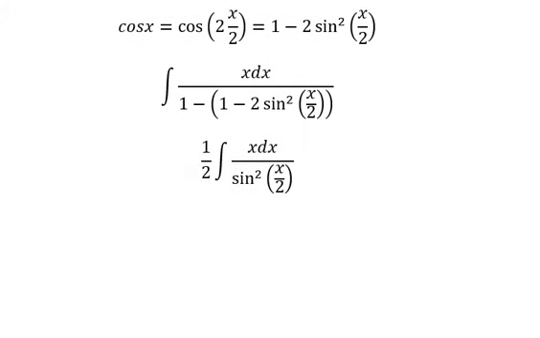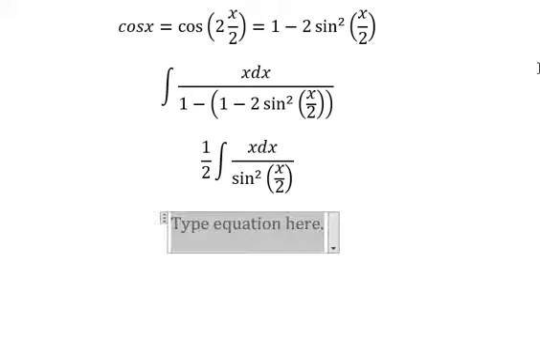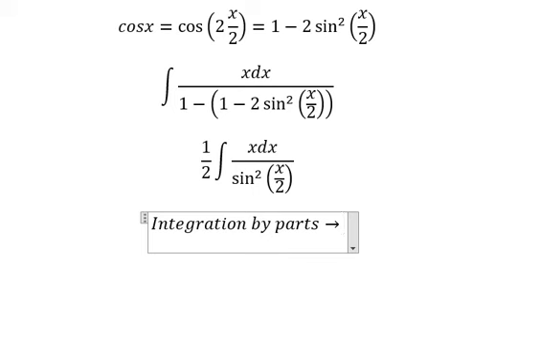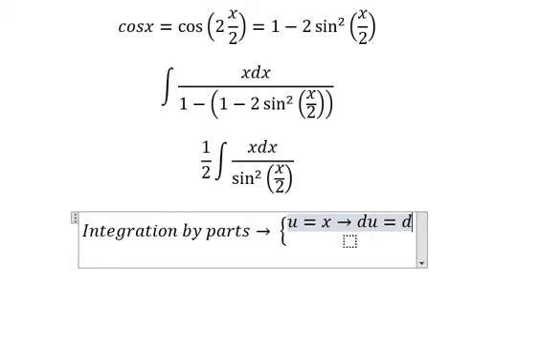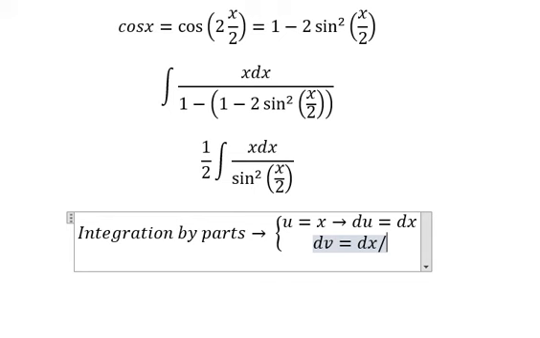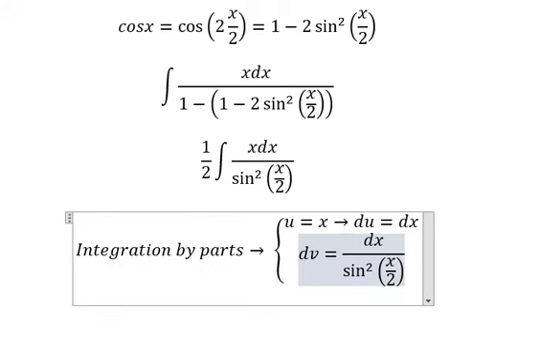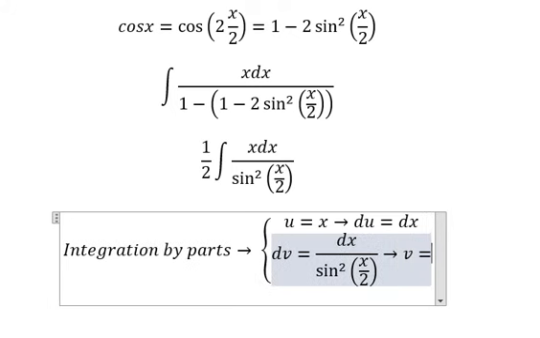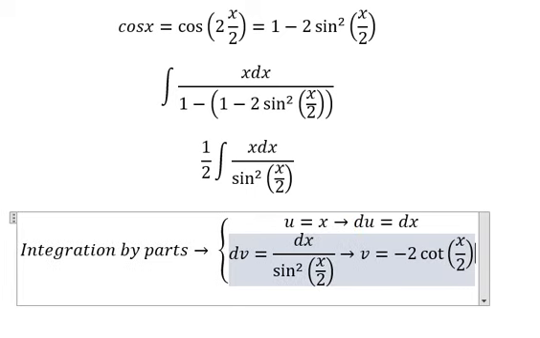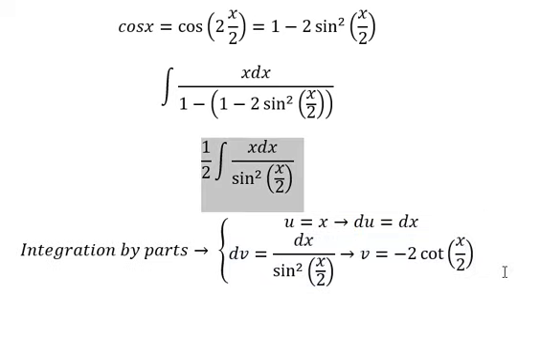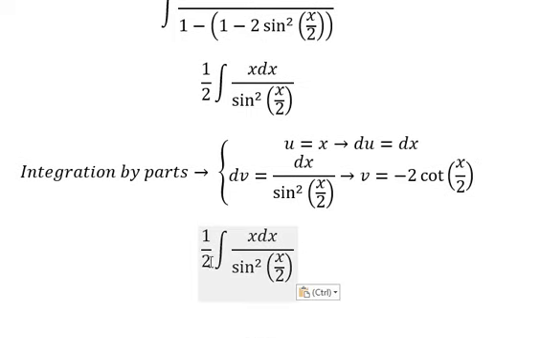Now I will use integration by parts. So u equals s, du equals ds, dv we got 1 over sine squared of s over 2, and this one we will get v equals negative 2 cotangent s over 2, because we still have 1 over 2.